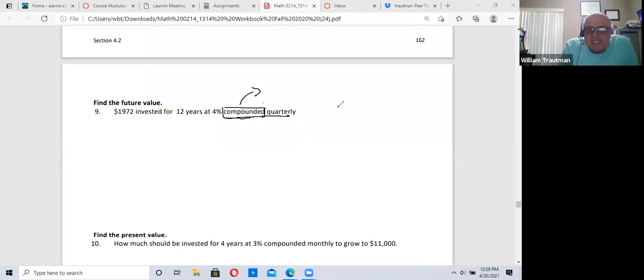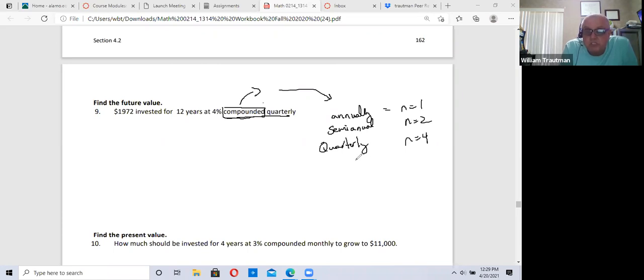Okay, so there are different things we can compound. If you compound annually, n equals 1, you do that once a year. Semi-annual, n is 2, twice a year. Quarterly, n equals 4.